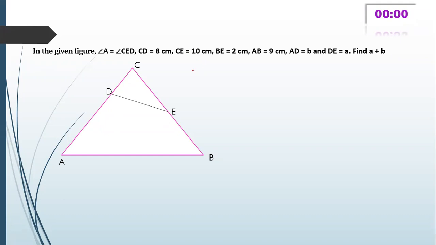So timer. So Keshav only gave the right answer till now. Okay. So how to do this?